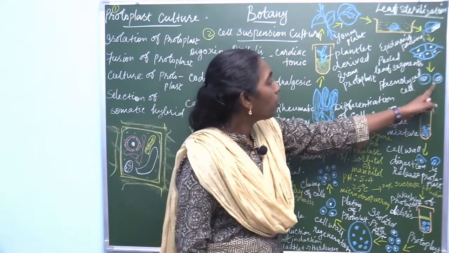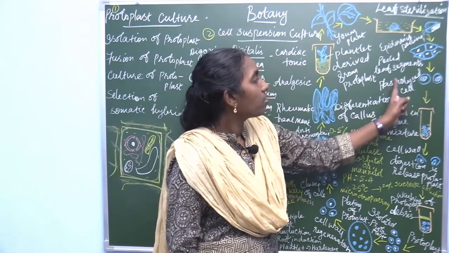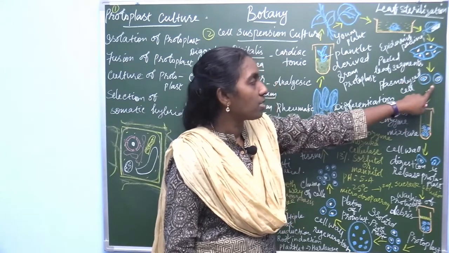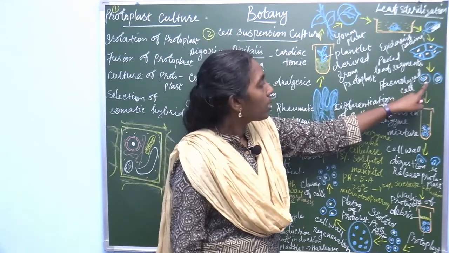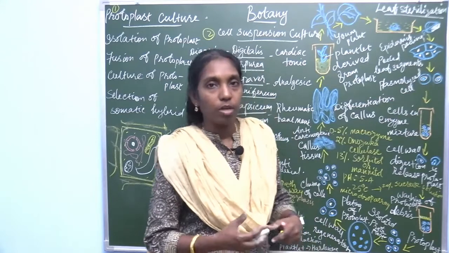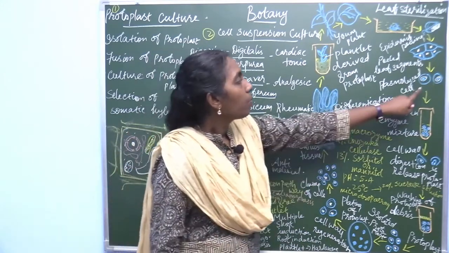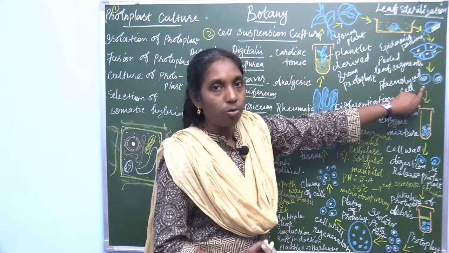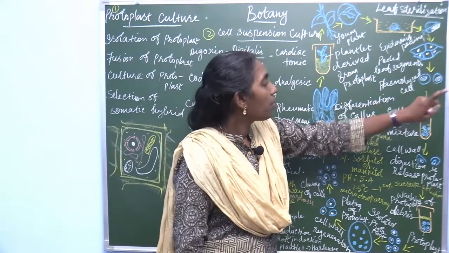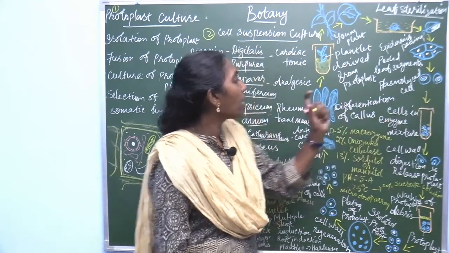A single protoplast can be isolated. So this is the plasmolyzed cell. The protoplasts come out. When you peel off this epidermis, the protoplast comes out, and this process is called isolation.